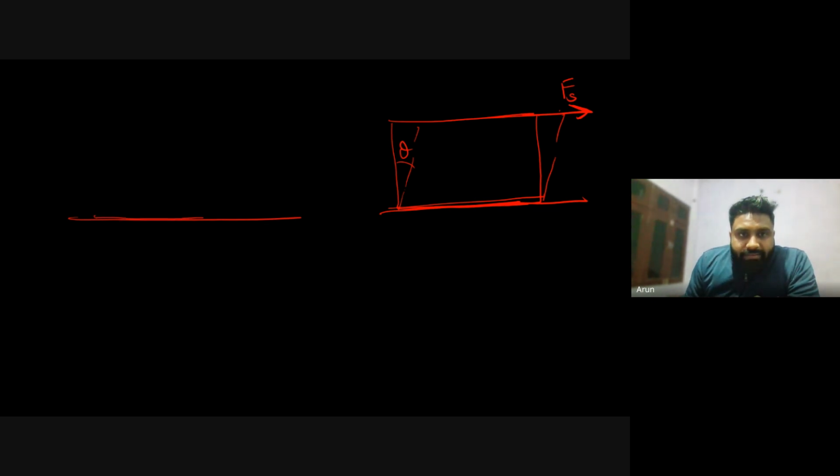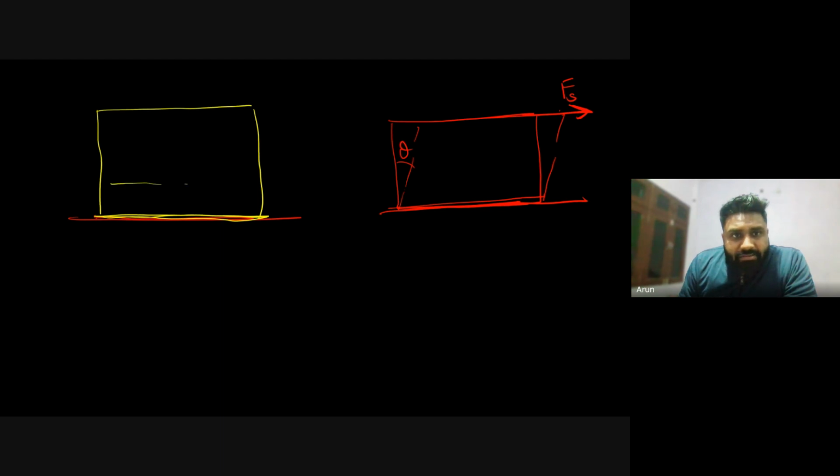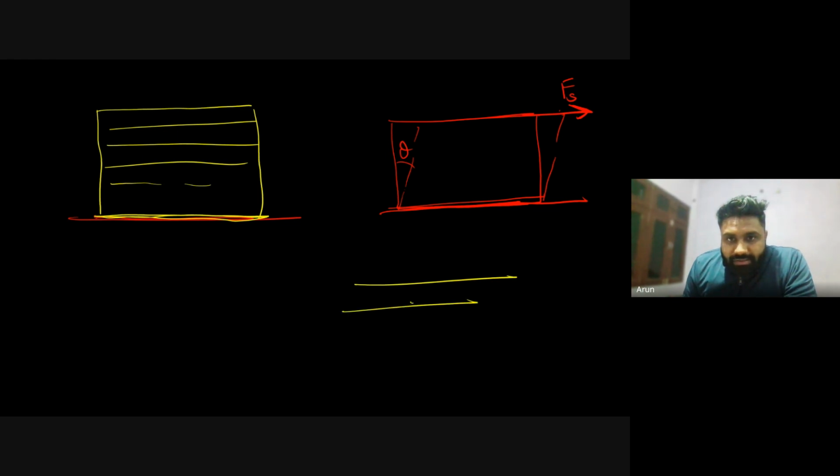The fluid layer which is adjacent to the surface has a velocity zero, which means it is a fixed layer. And the upper layer, the adjacent layers of liquid, are exerting a force. In which direction? This layer wants to pull this layer in the opposite direction.